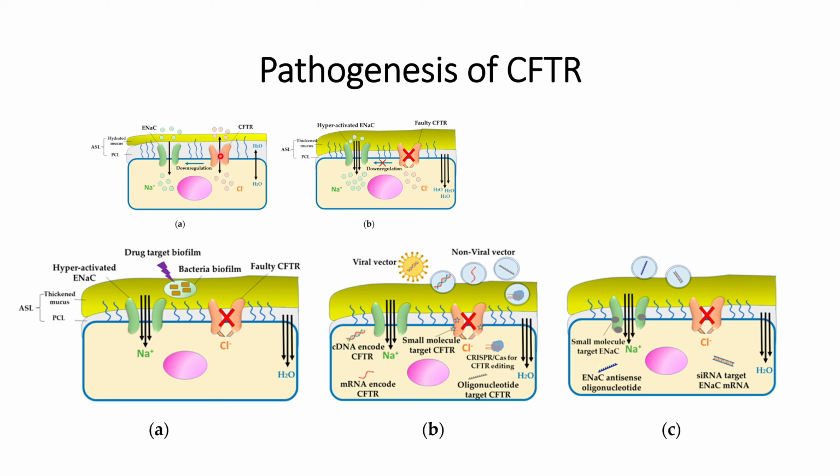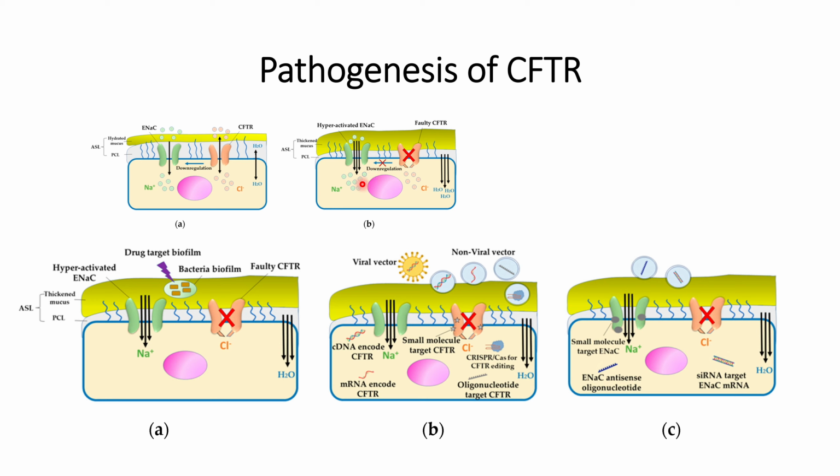However, in case of defective CFTR, this chlorine channel has not been able to perform its function, and there is no direct coordination between this chlorine channel and this ENaC, that is the epithelial sodium channel.